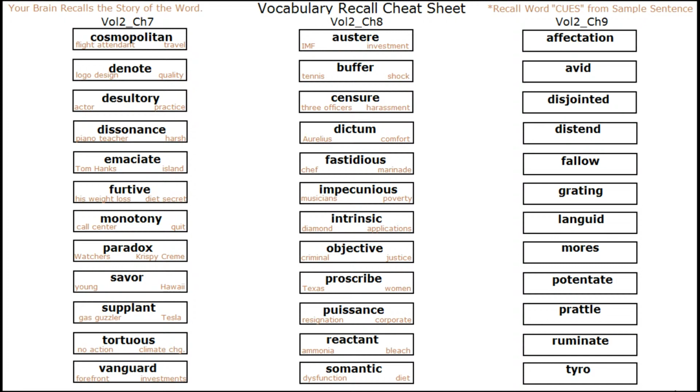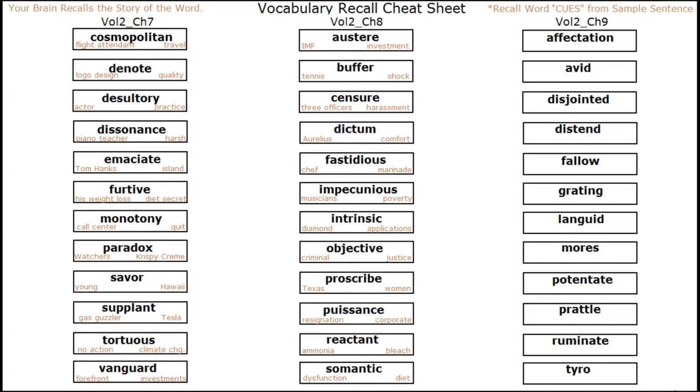So just by going over some of the words from Volume 2, Chapter 8, we're recalling the lesson very, very quickly, because we're able to quickly see the word, how it was used in a sentence, and most likely you're going to remember the keywords below the bold word.